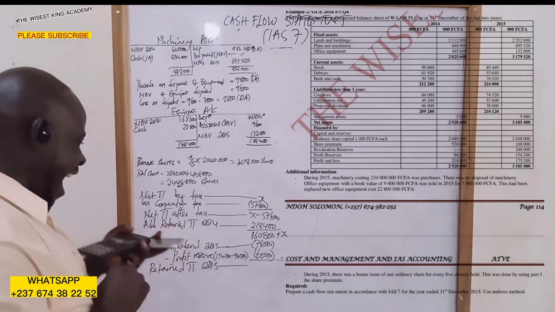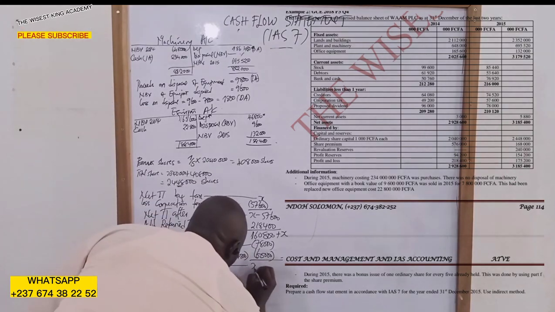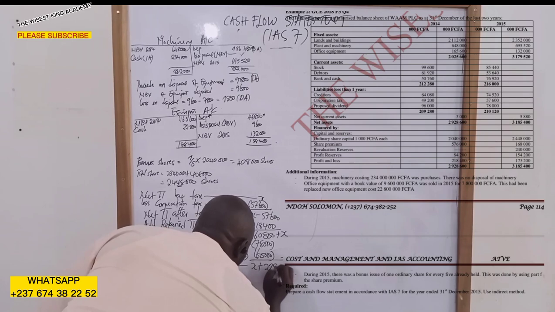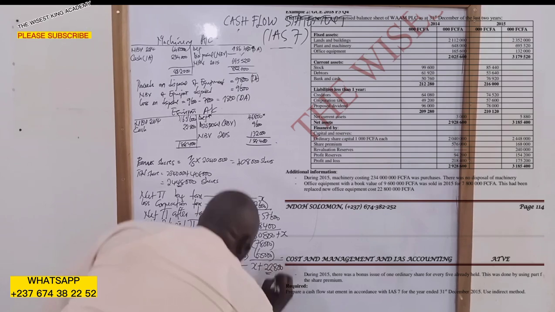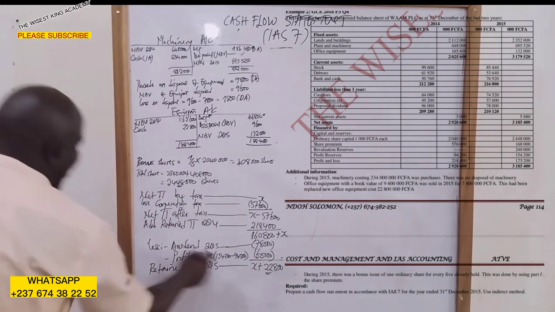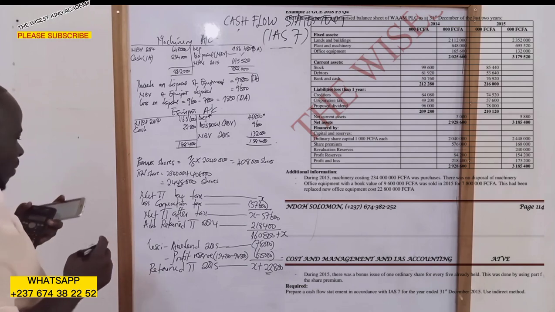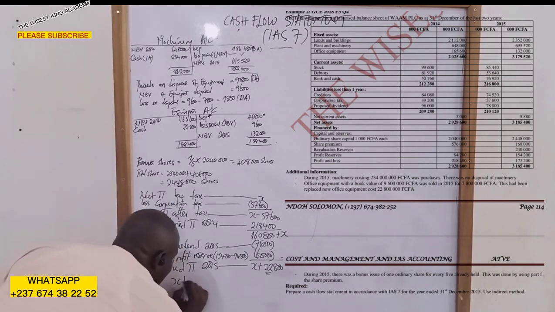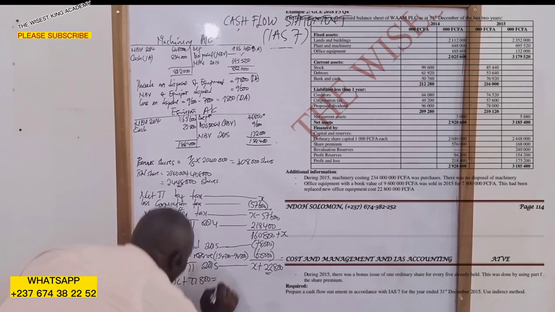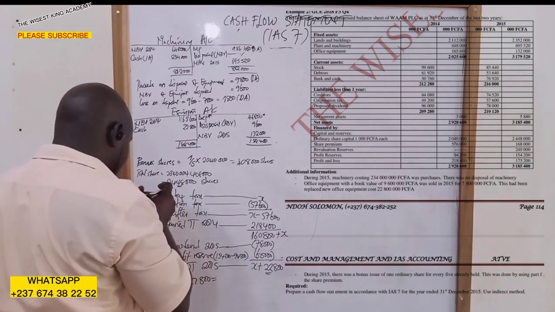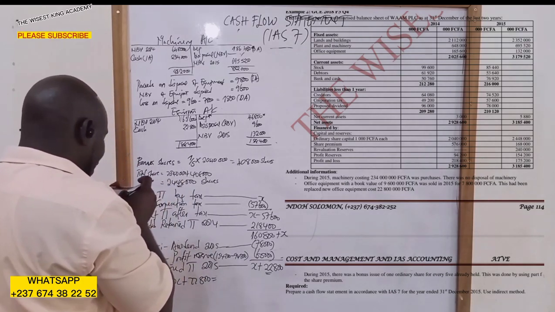So it will give us X plus 22,800. So this is our retained profit. And we know this value in our statement of financial position. X plus 22,800 is our retained profit for 2015, which is 175,200.